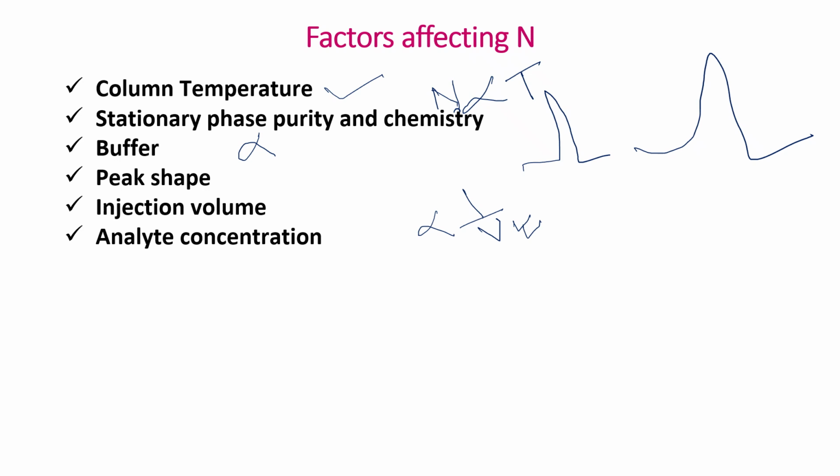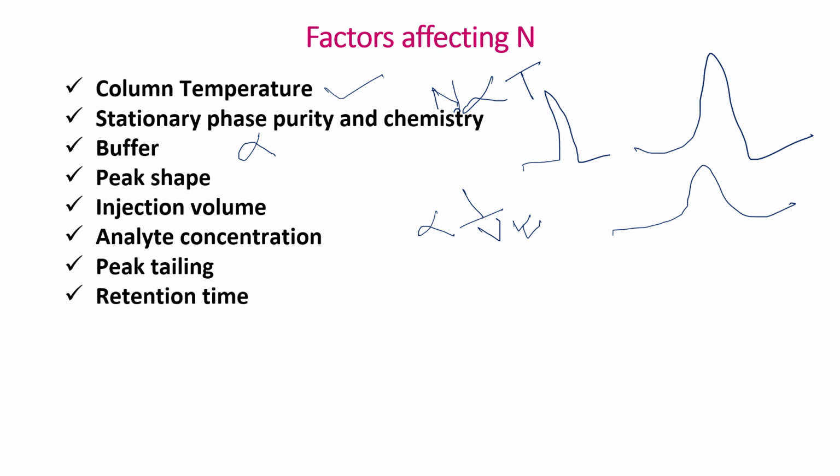When you decrease the analyte concentration, in that case theoretical plate will increase. Peak tailing. Higher the peak tailing, lower the theoretical plate. Means when peak tailing increases, theoretical plate will decrease.